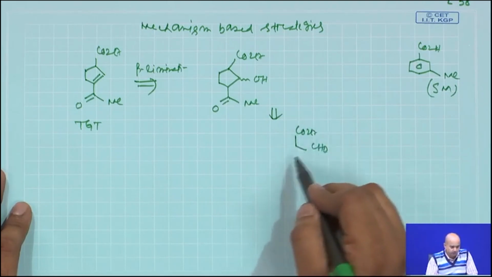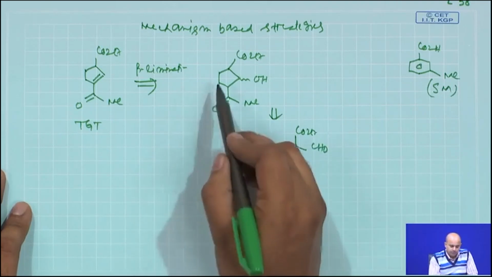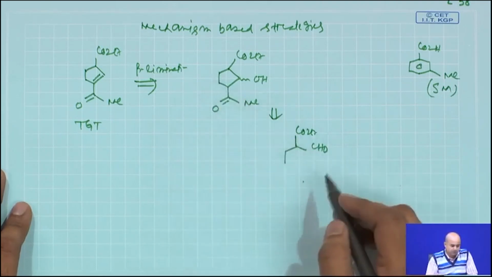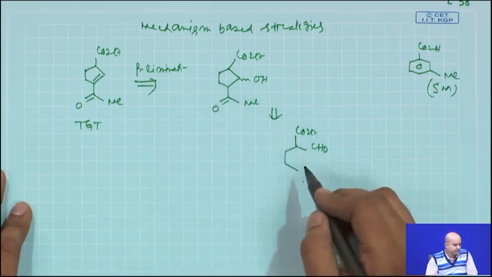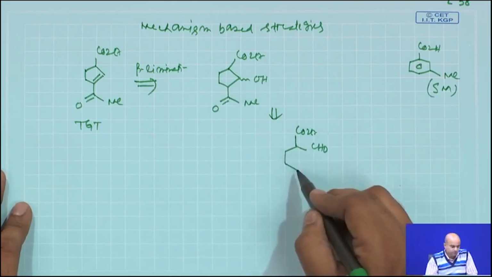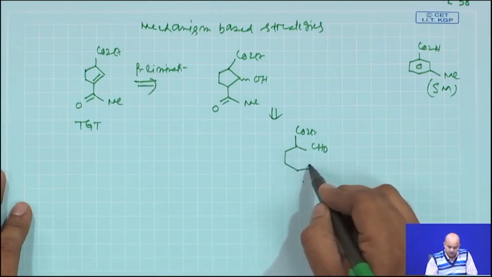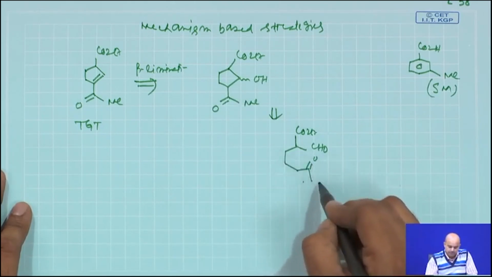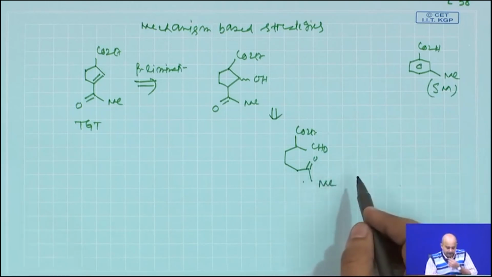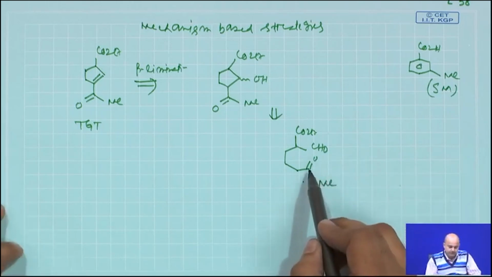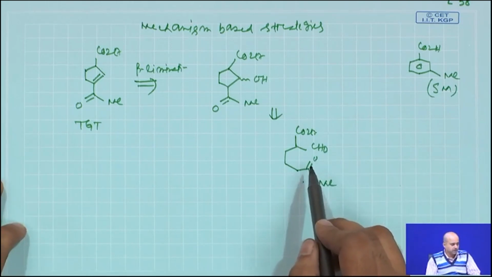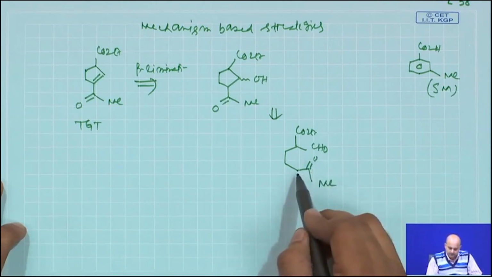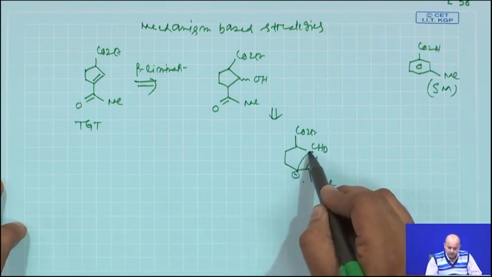So, you say if you are having a compound, you put CH2, CH2, CH2, three CH2 will be there, then methyl, and then this particular compound, you will be trying to have this anion which will be reacting here.